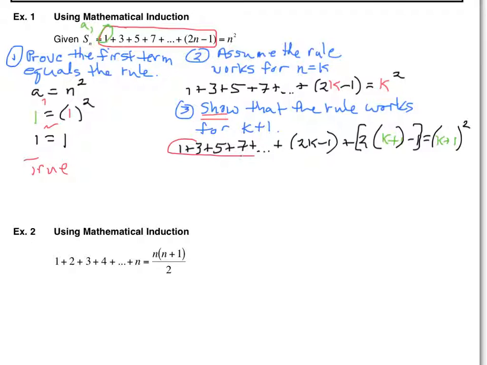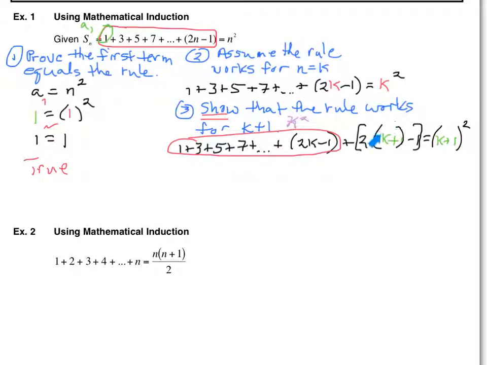This right here is exactly like the original sum. And that has a value of k squared, doesn't it? Because we're using k. So all of that is going to be replaced with k squared.